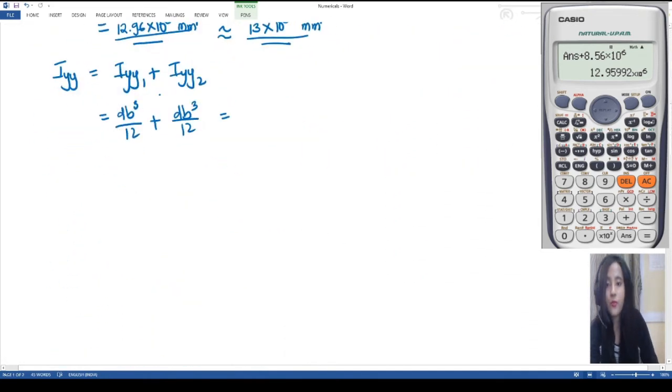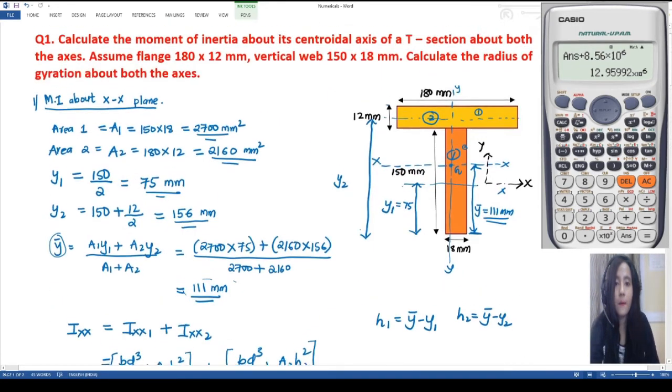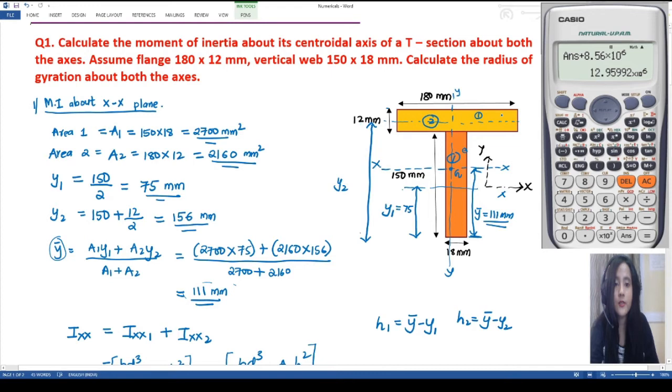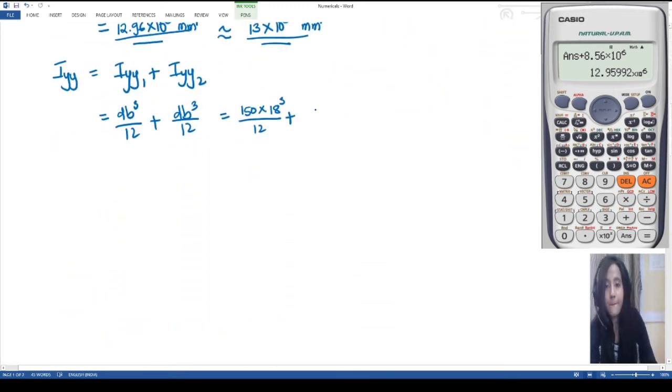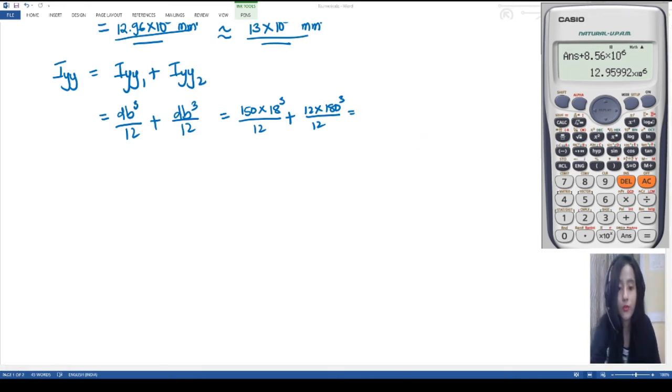So depth 150 into width 18 cube by 12 plus, similarly, depth of the flange second section is 12 mm and its width is 180. So it is 12 into 180 cube by 12.